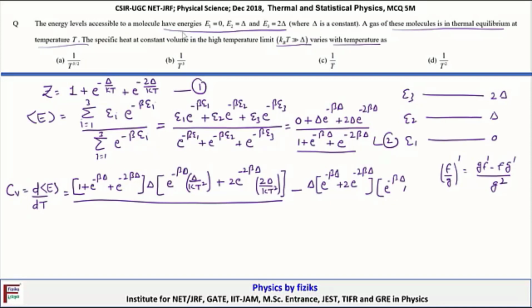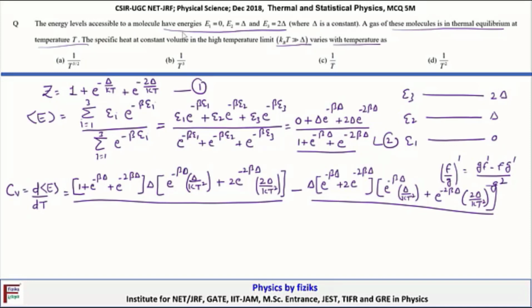Minus will become plus, so it is delta by kT square, and then plus exponential minus 2 beta delta and then the differential of the exponent, which will be 2 delta upon kT square. Then the bigger bracket here, and we will have g square below these two terms.